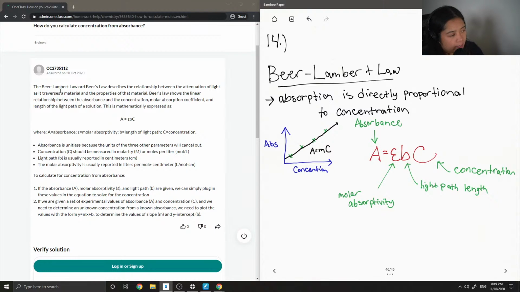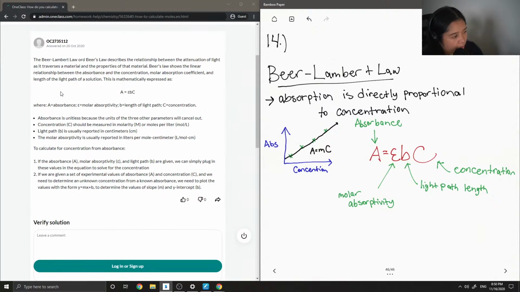This is mathematically expressed as A equals molar absorptivity times B times C. Absorbance is unitless because the units of the three other parameters will cancel out. Concentration should be measured in molarity, or moles per liter.